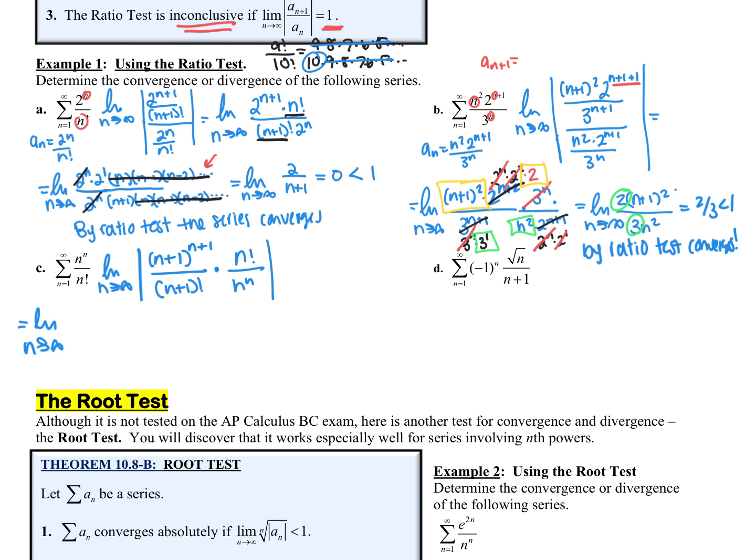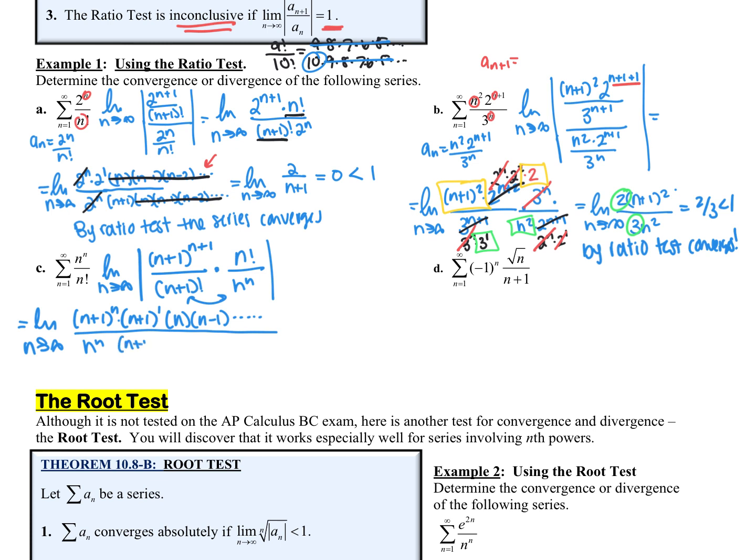And we can rewrite this as n plus 1 to the n times n plus 1 to the first power. And then we'll rewrite the n factorial as n times n minus 1, and so on, just the first couple terms because we kind of see what's happening. And then the bottom we'll have n to the n. I'm just changing the order of these two so that the factorials line up.